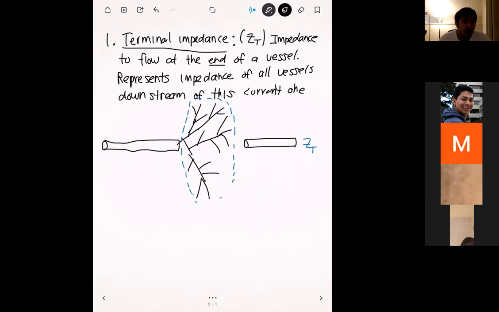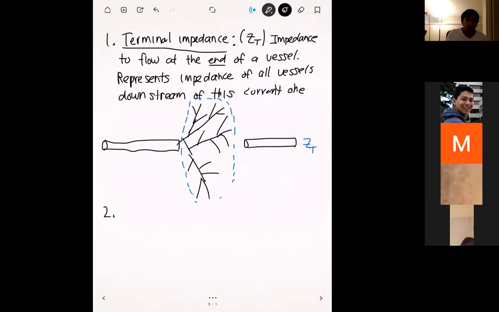The best thing we can do is make a 3D CFD simulation for the vessels of interest, which are usually the bigger vessels, and approximate all of the downstream vessels with a resistance. Instead of worrying about all of the vessels downstream, let's just sum it up into one number, which is terminal impedance.